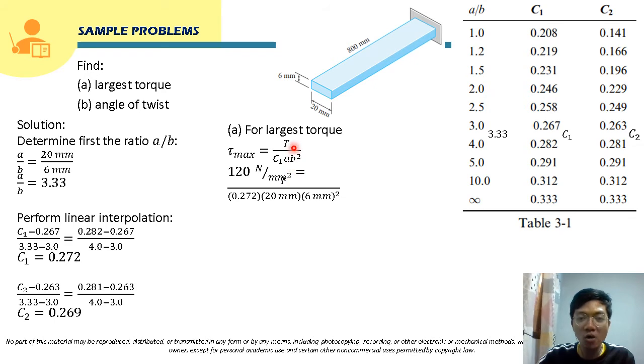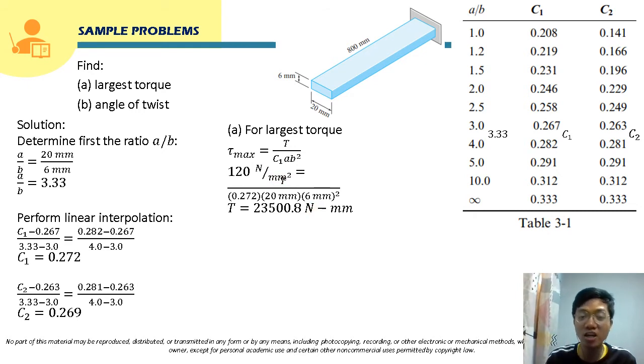Okay, so from here, class, the only unknown is T, so we can solve for the value of T. That is just 120 times 0.272 times 20 times 6 squared. So the answer is 23,500.8, and the unit is Newton millimeter. So class, this will now be the answer.